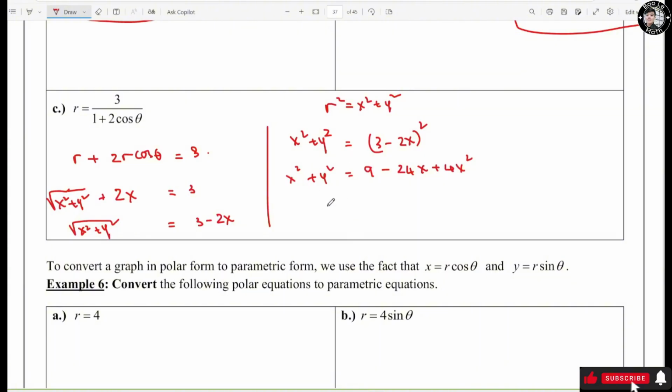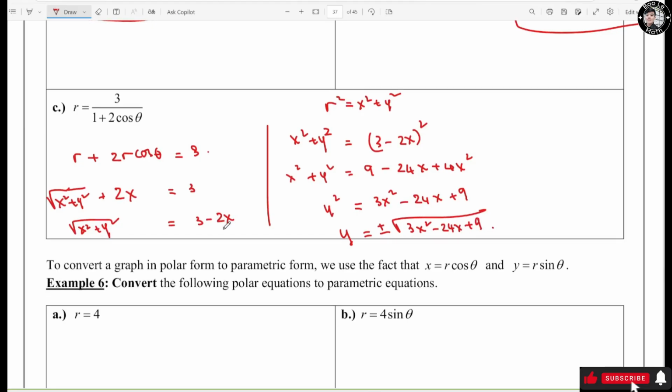Then I need to solve for y. So y squared equals 4x squared minus x squared, which is 3x squared minus 12x plus 9. Now I'm going to take the square root of both sides, so y equals plus and minus the square root of 3x squared minus 12x plus 9.